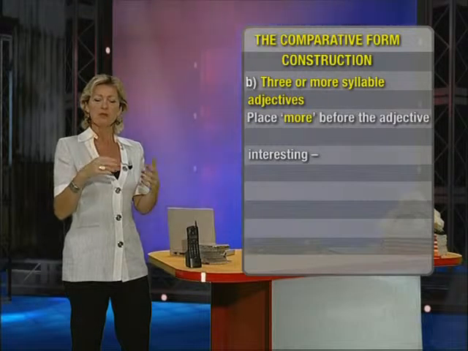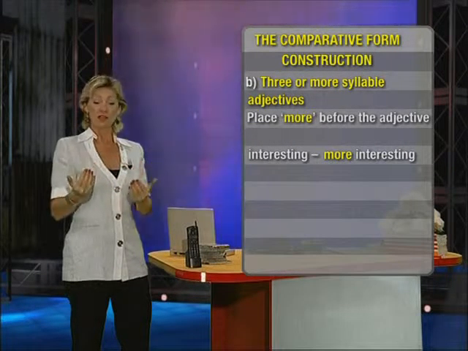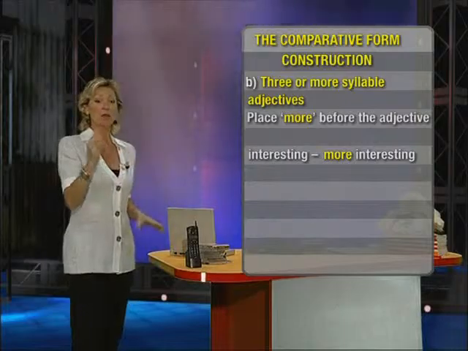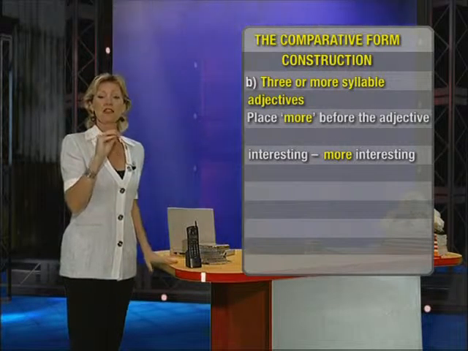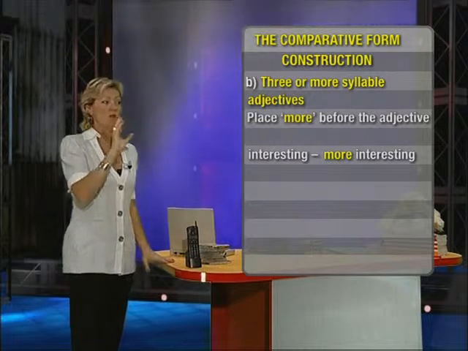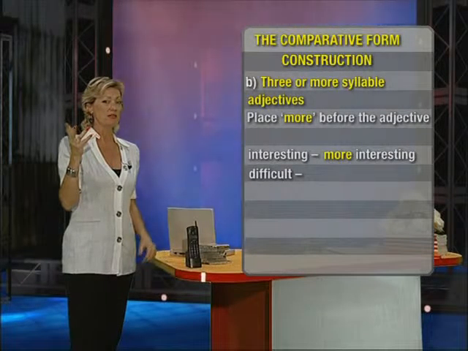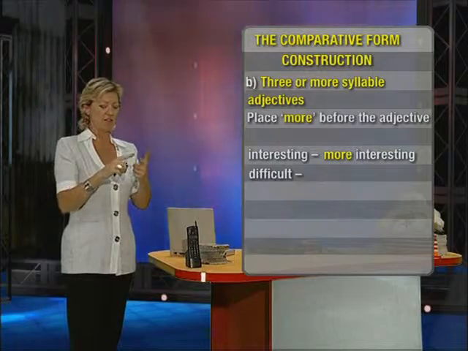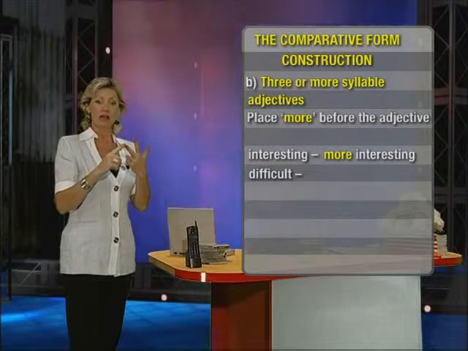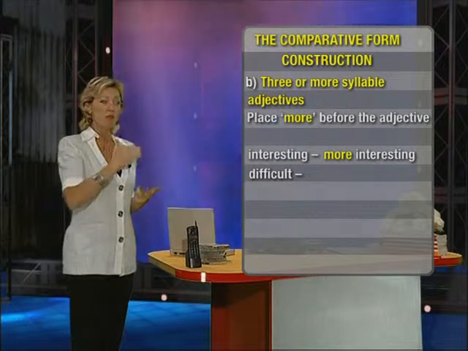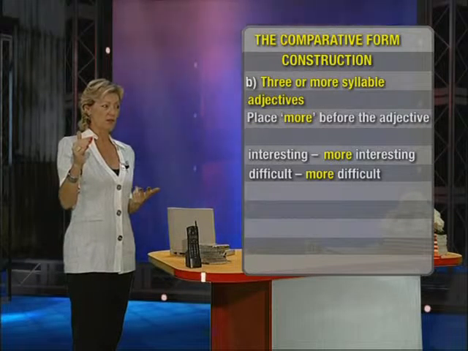So it becomes more interesting. You see what happens? We put more in front of the adjective. So more interesting. Difficult. How many syllables? Difficult, difficult. Okay, so it becomes more difficult.